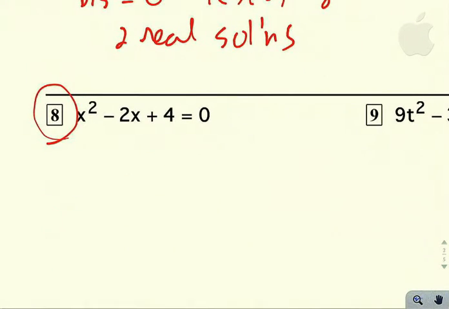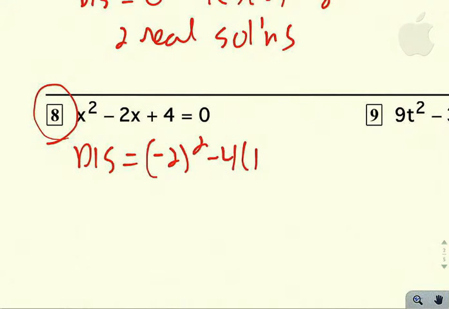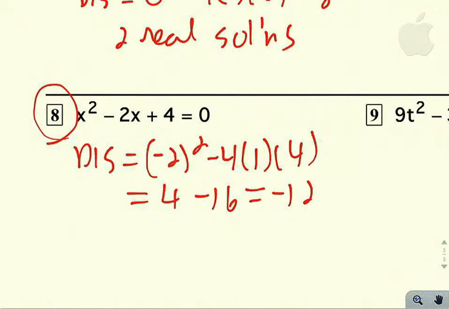And number 8, the discriminant would be negative 2 squared minus 4 times 1 times 4, which would be 4 minus 16 or negative 12. So we would have 2 non-real solutions.